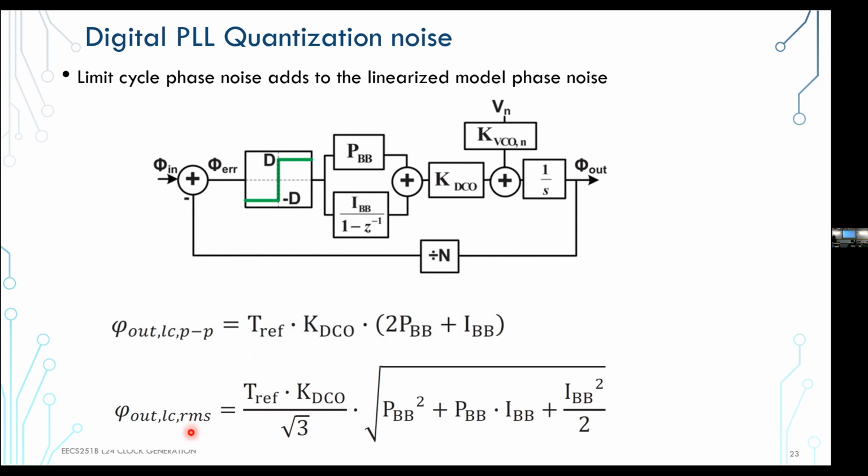So you're going to get this to be an estimate of the RMS error. It's an estimate because it assumes that the quantization is uniformly distributed within that peak-to-peak error interval. Just like in ADCs, you assume the same thing, that the quantization error is uniformly distributed depending on your MSB or LSB delta, right?